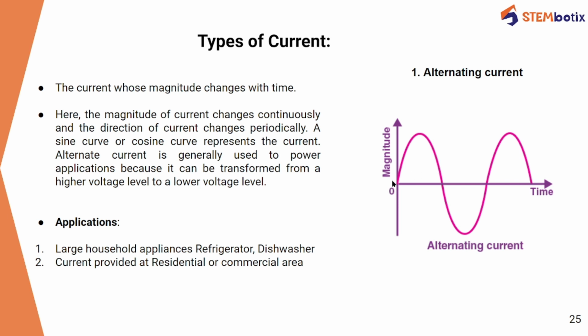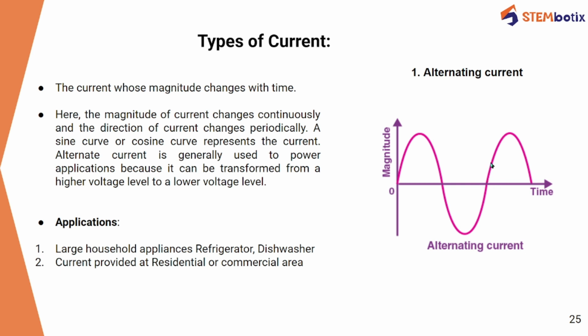After this point, the value of current does not stay positive. It goes in the negative direction and reaches its maximum. After some time, it increases again and becomes zero, and here your first cycle is completed.